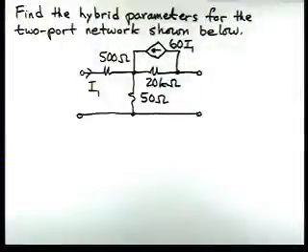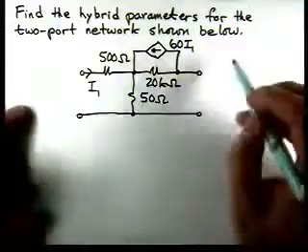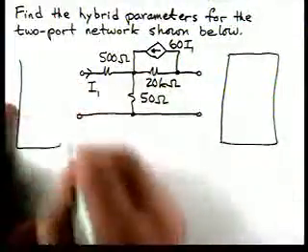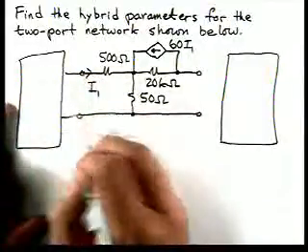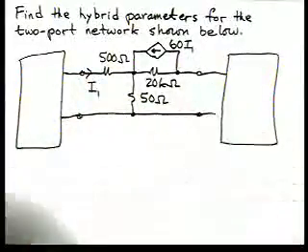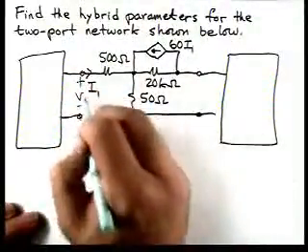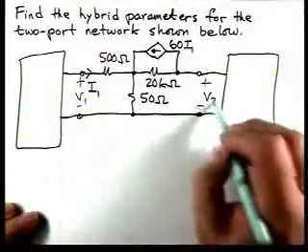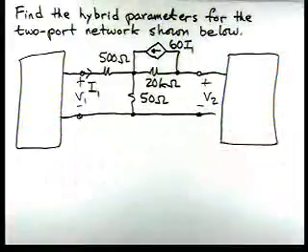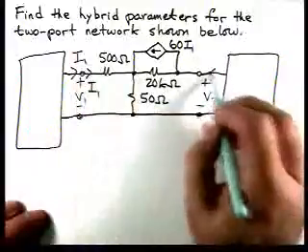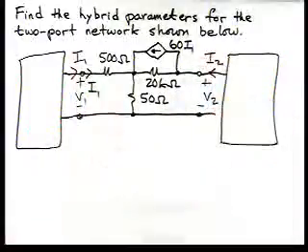In this problem, we're asked to find the hybrid parameters for the two-port network shown below. I want to define our variables first. So here's our voltages, V1, V2, and here are our currents, I1 and I2.